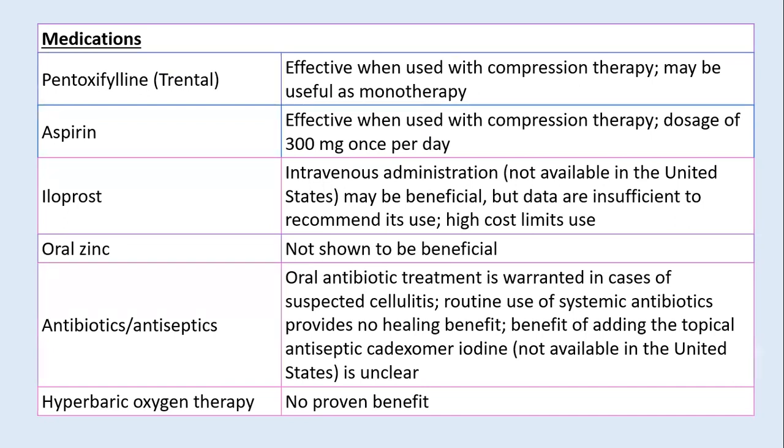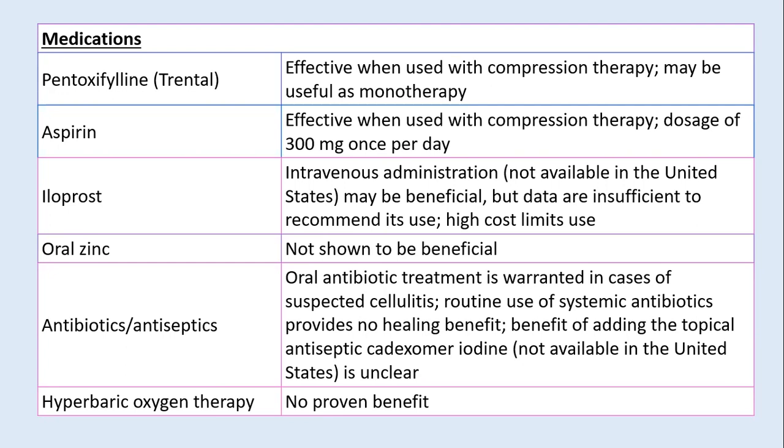Iloprost. Intravenous administration of iloprost is not available in the USA, but can be found here. It is beneficial, but data is insufficient to recommend its use, and it is of course of high cost. Oral zinc is used to treat chronic ulcers, but has no proven benefits. Antibiotics and antiseptics.